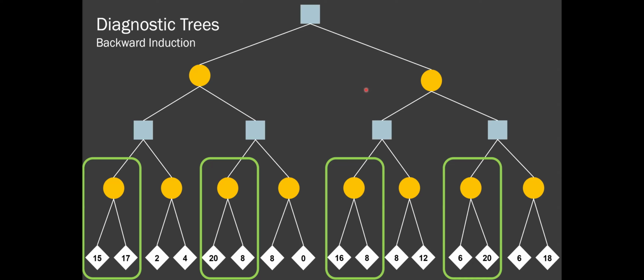So if you're someone who plans ahead, then you're going to prune all of the branches on the right. You'll carry these expected values up to the decision nodes. And if you do that, then you will get a higher expected value if you move left at the top of the tree than if you move right.